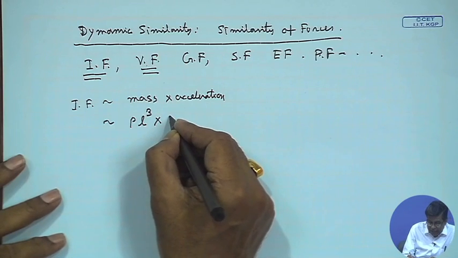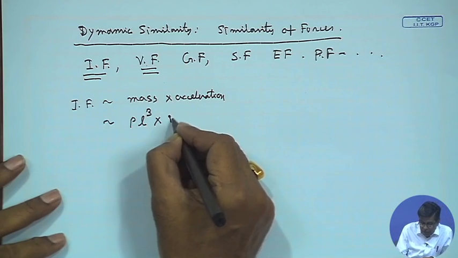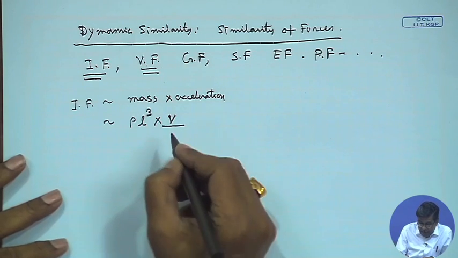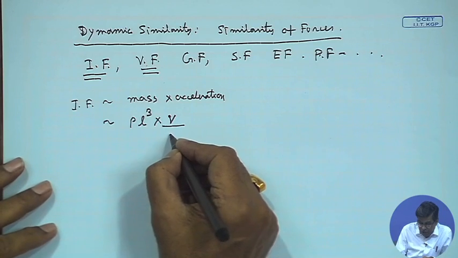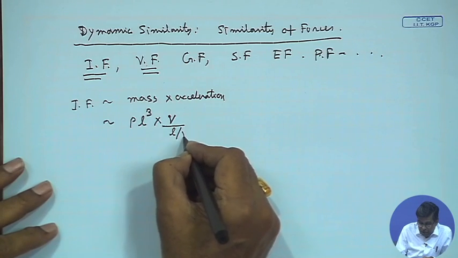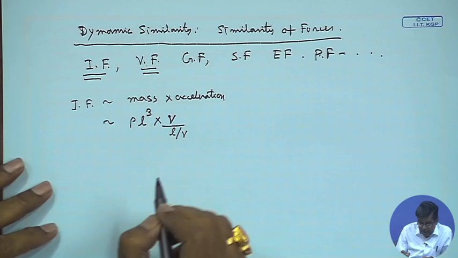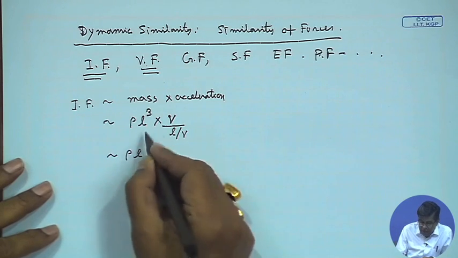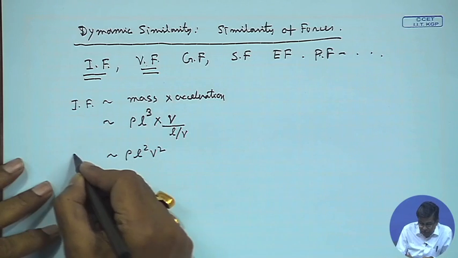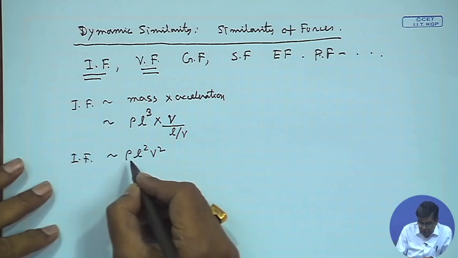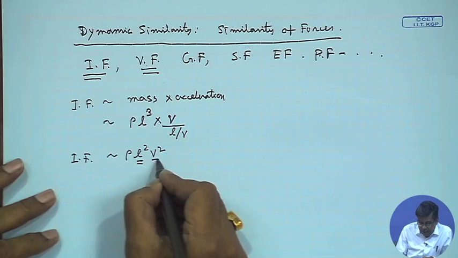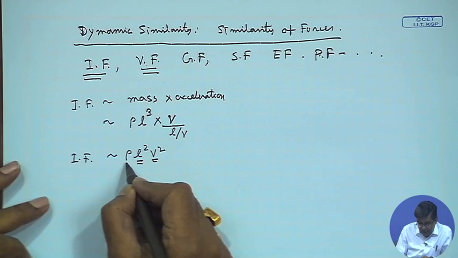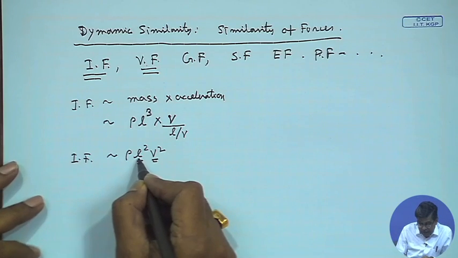So, if we take the characteristic velocity as V, acceleration is V divided by the time, and time also we can write in terms of L by V, in terms of the characteristic length and the characteristic velocity. So, this becomes rho L squared V squared. Therefore, we can scale inertia force as rho L squared V squared, where rho is the density of the fluid, L is the characteristic length and V is the characteristic velocity.